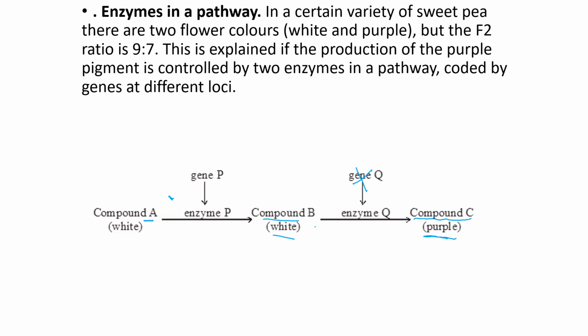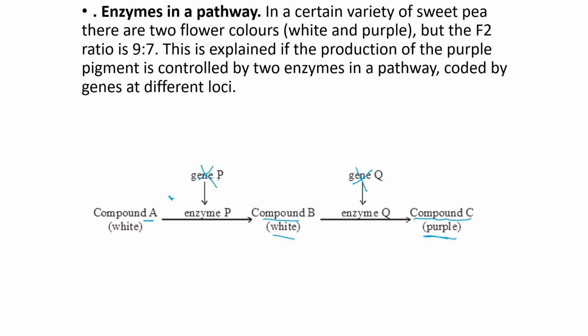So you get a reduction in compound A since it's being converted to compound B, but since both of them are white, the flower stays white, right? If you have gene P getting damaged, then you have no enzyme P, so compound A is never converted to anything else, and it stays white.